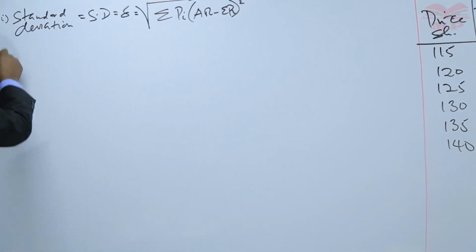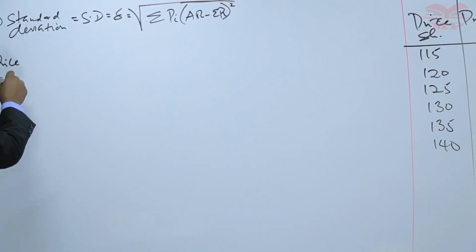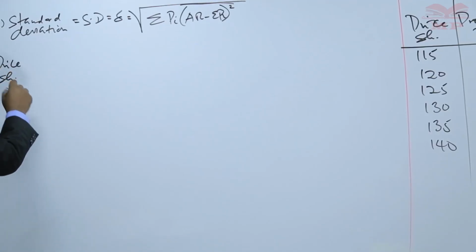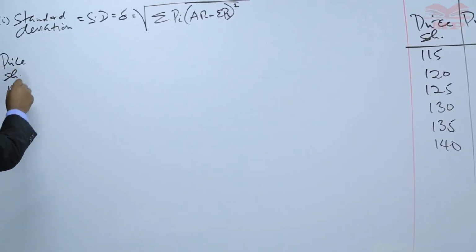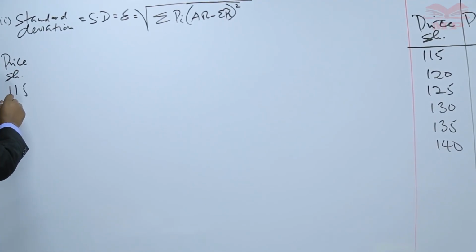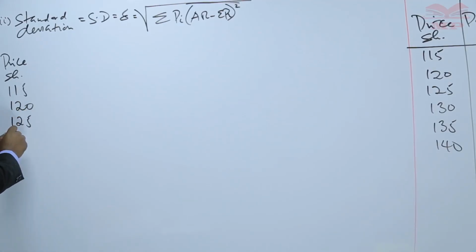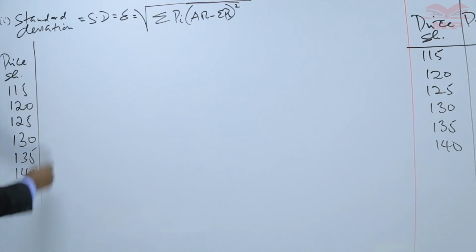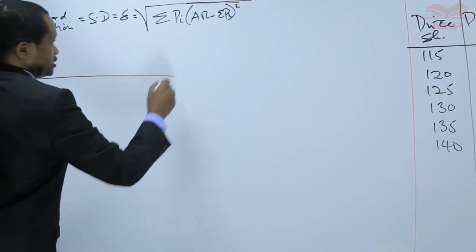So we have the price, we have another table, shillings: 115, 120, 125, 130, 135, and 140. These are prices.